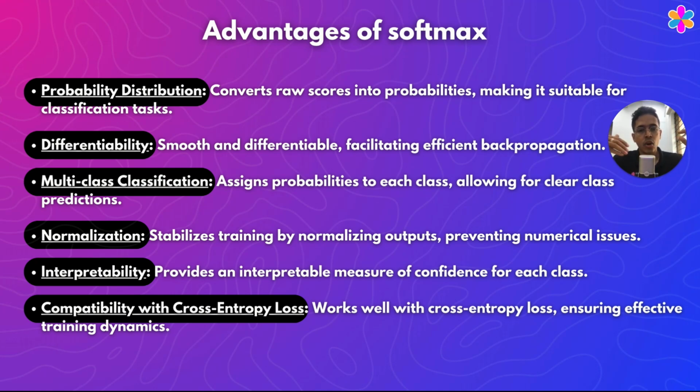So it can normalize the outputs, preventing numerical issues. How does it prevent numerical issues? Those big numbers can be brought down by softmax. And it also provides interpretability because the higher the softmax value, the more it is correlated with the probability of prediction of a certain class. And softmax is also compatible with the cross entropy loss, which is very commonly used during the training process.